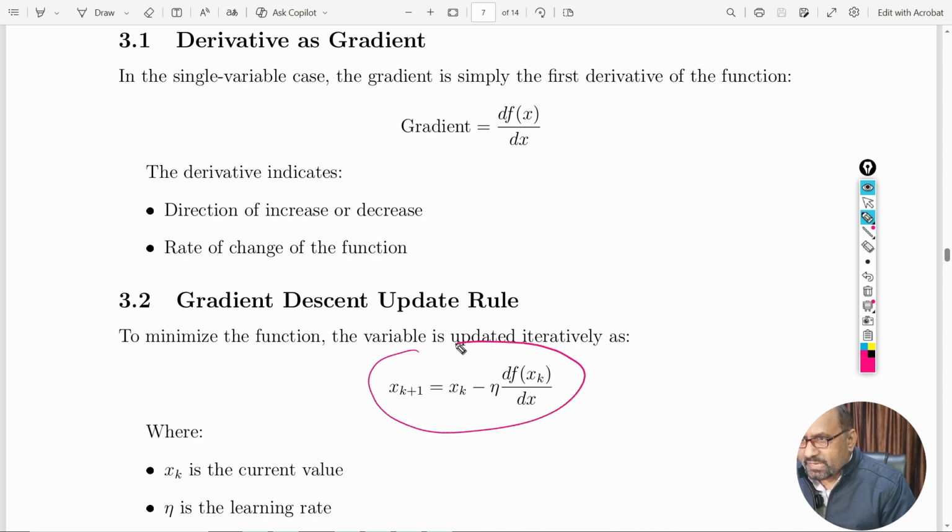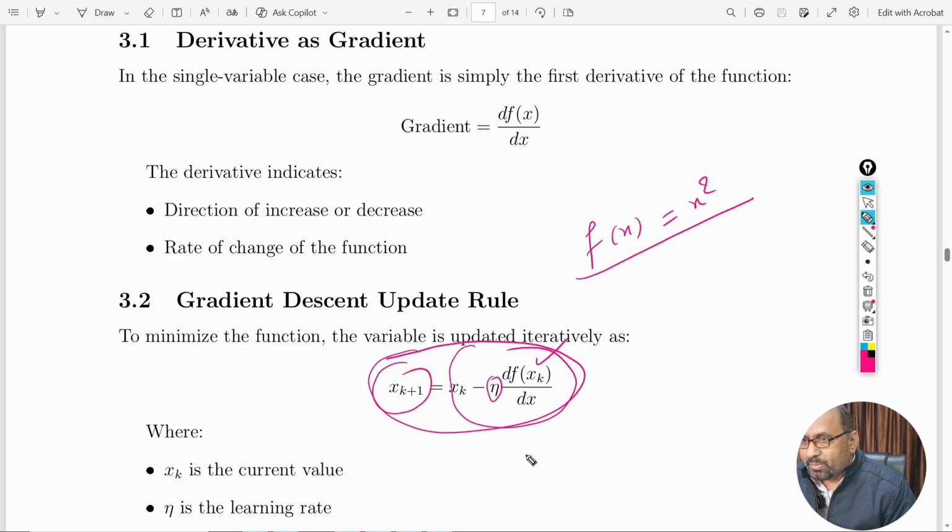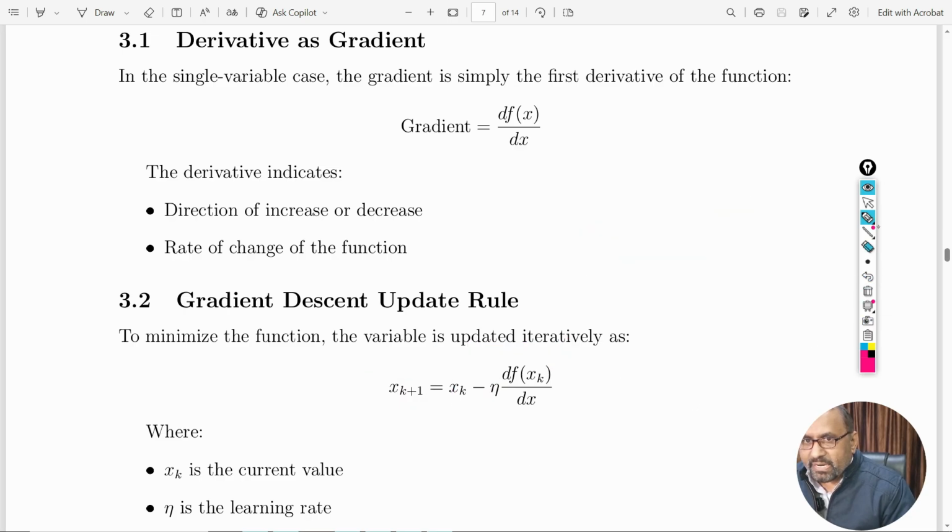Suppose f(x) is any function, for example x squared. Eta is the learning rate, the step size we choose, at which rate we want the machine to learn. xk is the current value, and xk minus eta times df(xk) upon dx gives the new value, which is xk plus 1. By using this equation we can update the values.